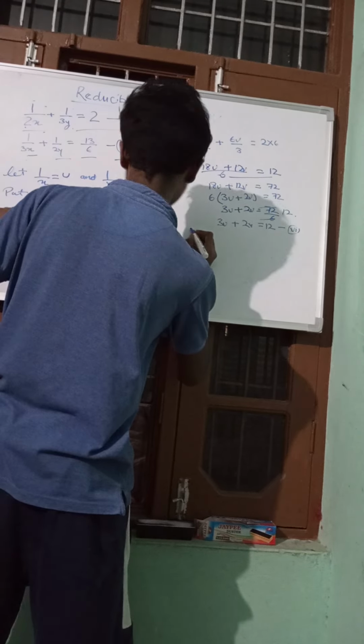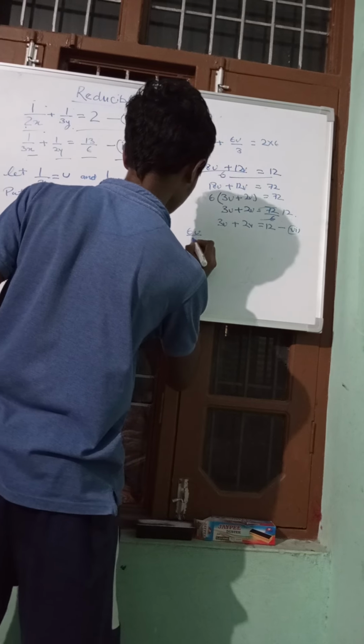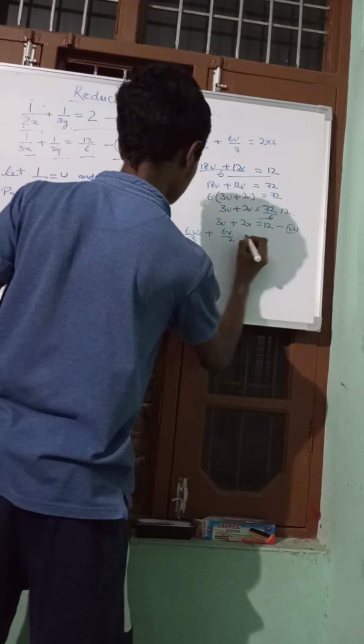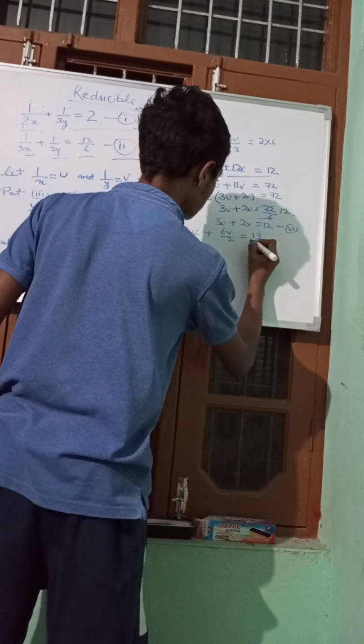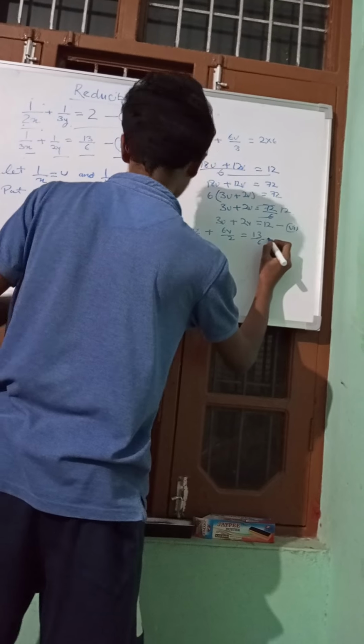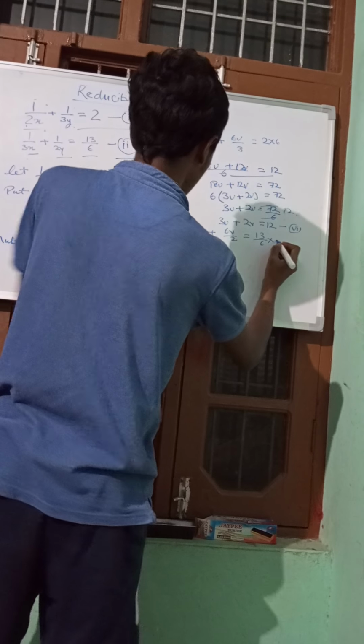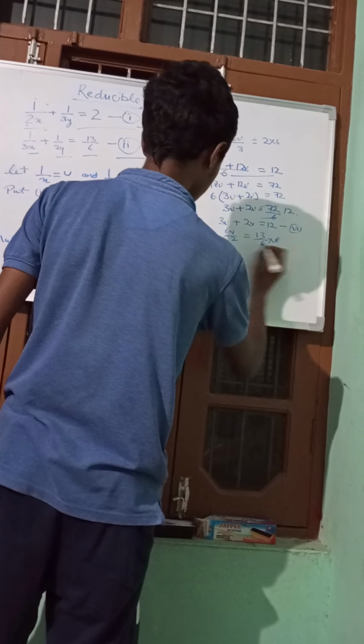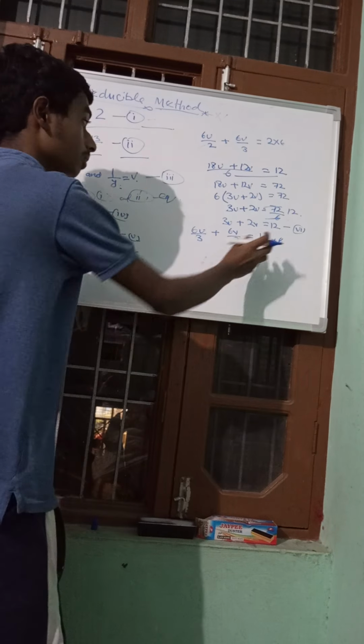6u upon 3 plus 6v upon 2 is equal to 13 upon 6, and we multiply by 6, and the divided by 6 will be fully cut, and the answer will be 13.